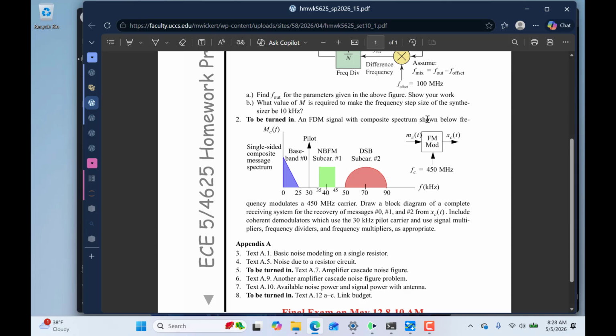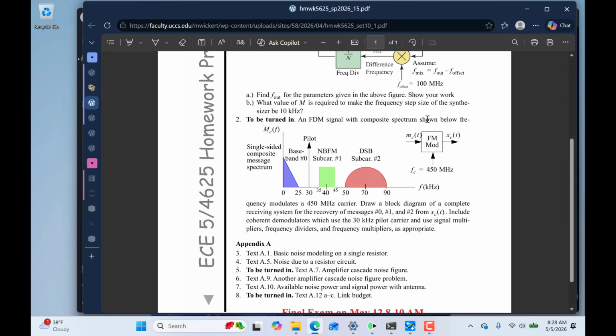So I ask you to draw the block diagram of the complete receiving system to get back the messages that are contained on each of the subcarriers. And when I say messages, understand it could be digital or analog, and use coherent demodulation as appropriate and take advantage of the pilot.